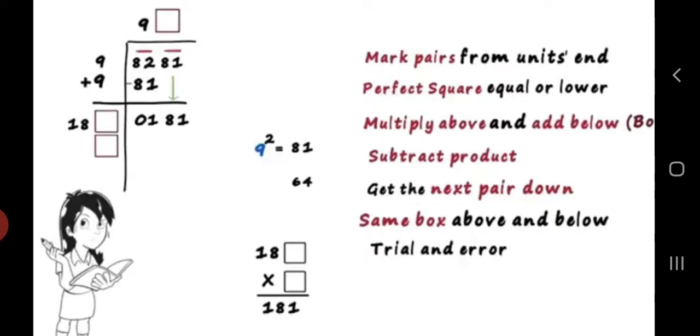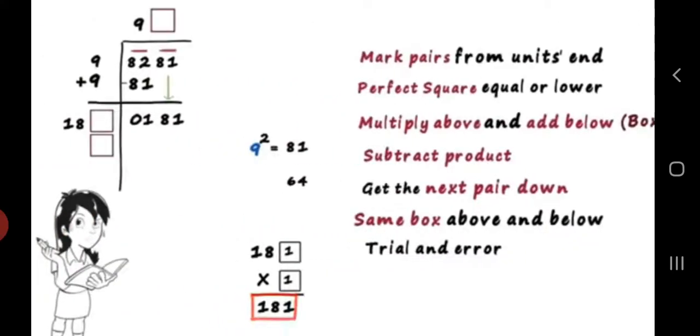Next we have to find a number which I shall put in both the boxes, in the left box and in the above box, and the product will be 181. You all can see. So what is the number? Let's find. Here the number is 1.